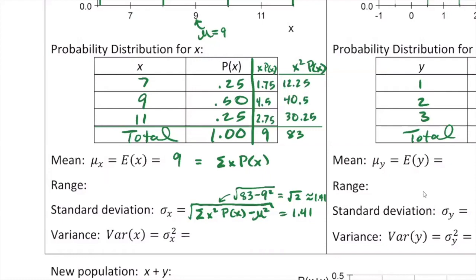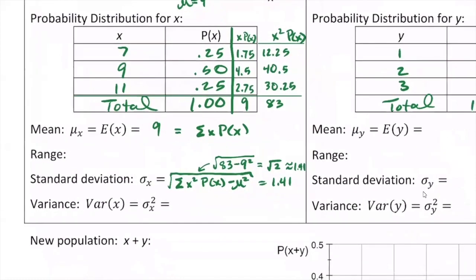The variance is the standard deviation squared. So what's the variance? We know the standard deviation was the square root of 2, right? And you can type it or say it out loud. What's the variance? Two. Okay, we also need the range. So up above the range is the max minus min.